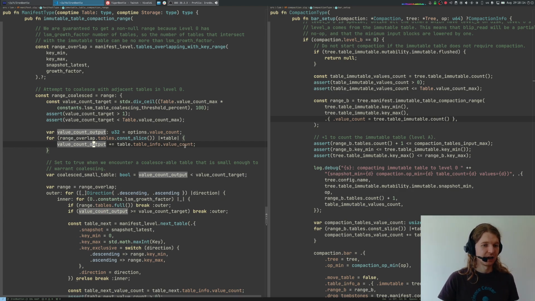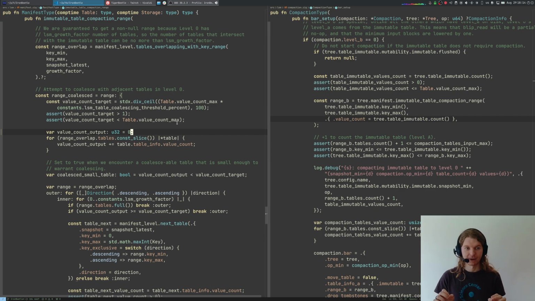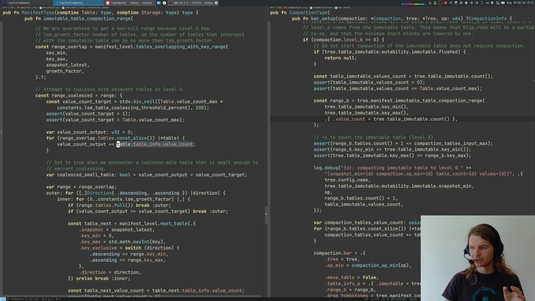So all these values, if we do this, it would be like a lower bound, because all these values are distinct, they are disjoint, so there is no way we would be able to compact them. All those values are going to end up in the resultant tables.